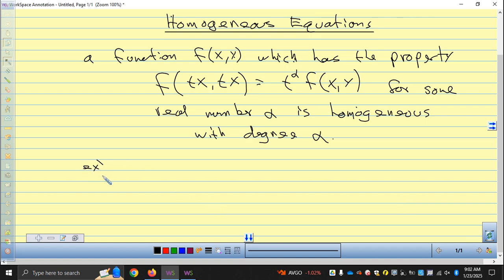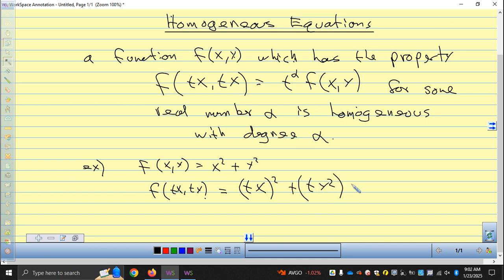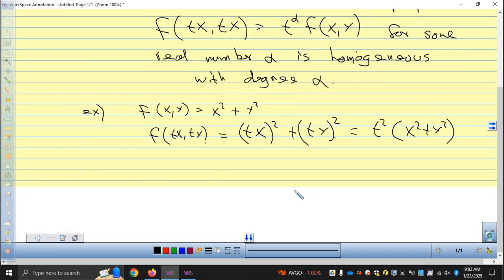So for example, f of x, y equals x squared plus y squared. f of tx, ty is tx squared plus ty squared, which we can write as t squared times x squared plus y squared. I can factor out that t squared. So that function, f of x, y equals x squared plus y squared, is homogeneous with degree 2.